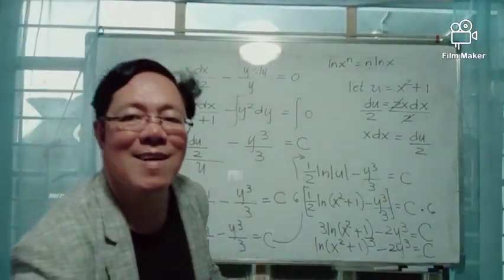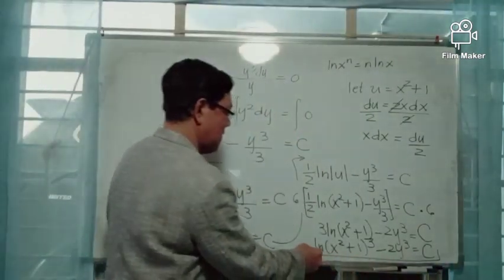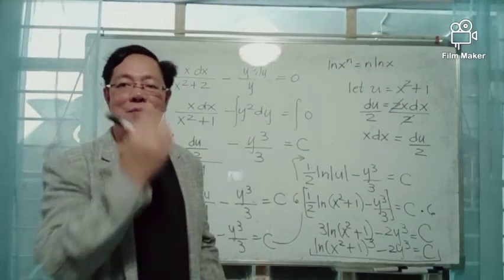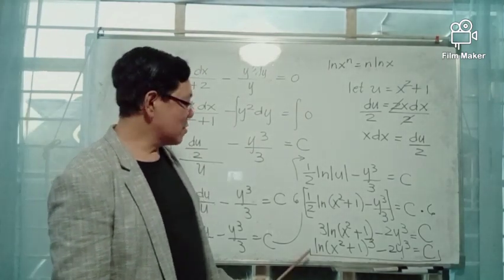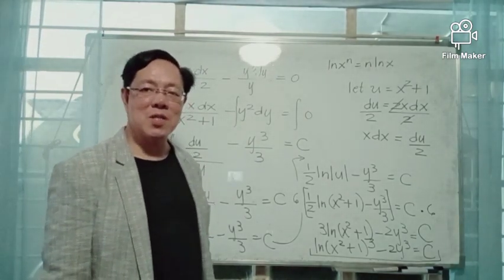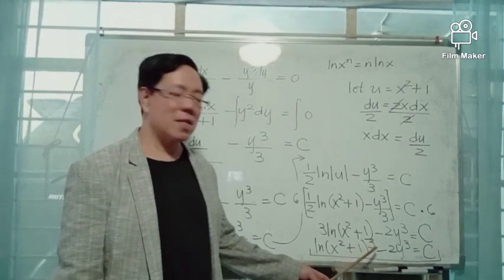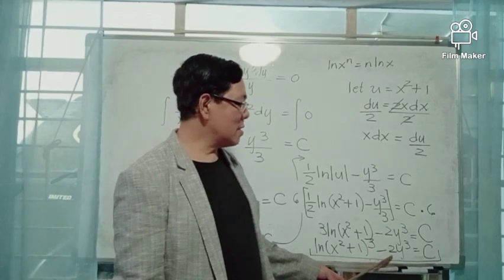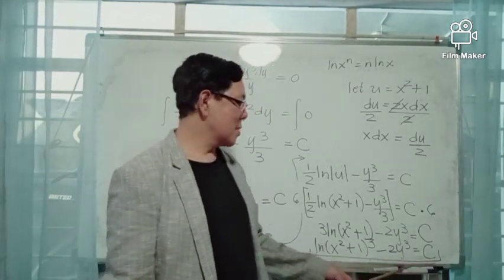This is the general solution. The general solution of the given differential equation that we have solved by separation of variables. ln of x squared plus 1 to the power 3 minus 2y cubed equals c.